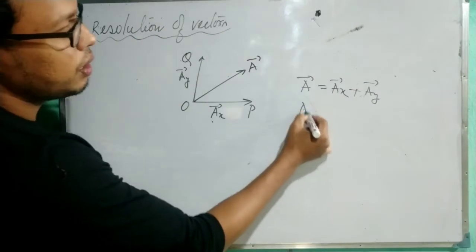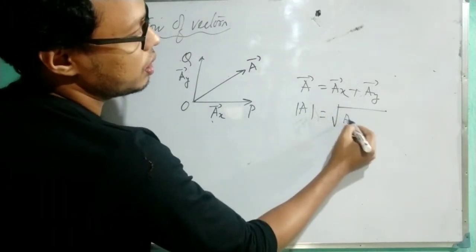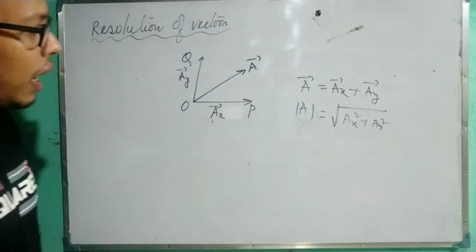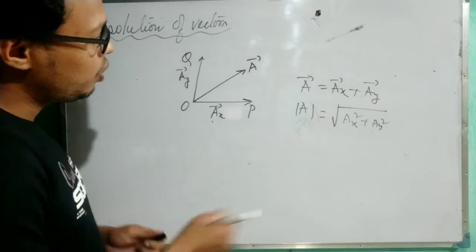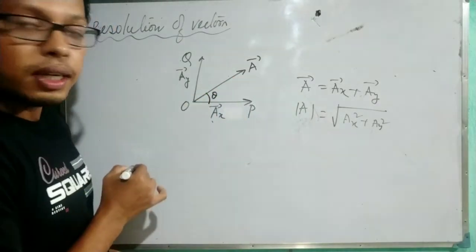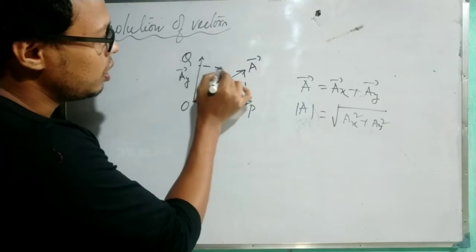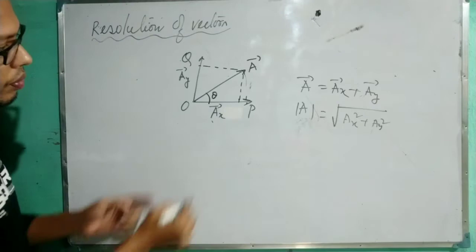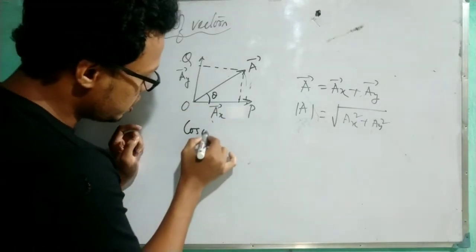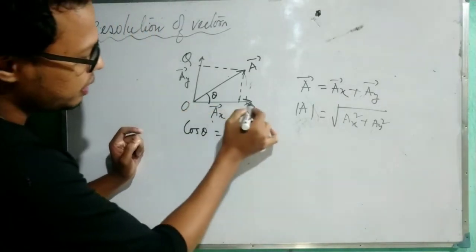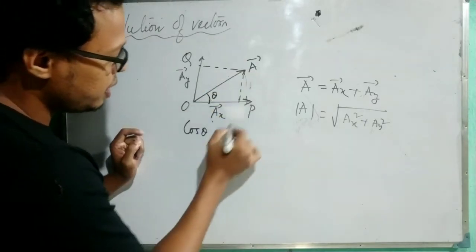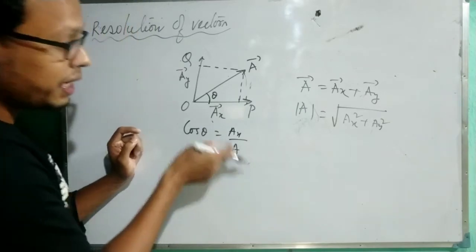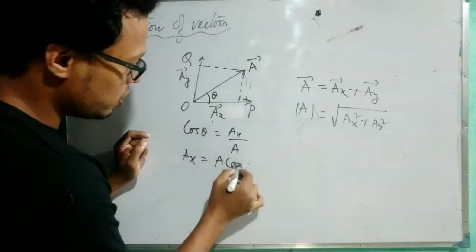If we find the modulus, this equals the square root of AX square plus AY square. How to find the values of AX and AY? Look, consider this angle is theta and draw the normal. Now, as this angle is theta, cos theta equals base by hypotenuse, so base is AX divided by hypotenuse A. So AX magnitude equals A cos theta.